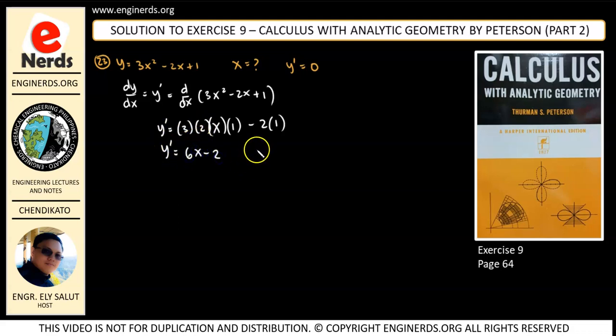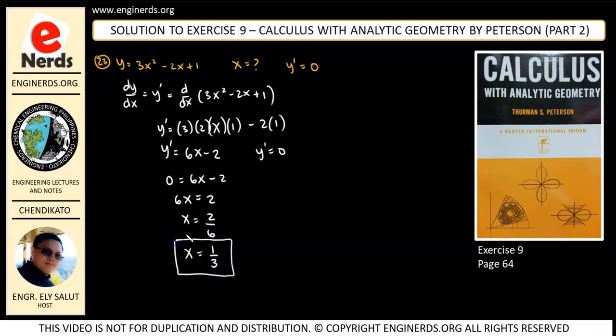Now, our y prime is equal to 0. So, 0 is equal to 6x minus 2. So, 6x is equal to 2. So, our x is equal to 2 over 6. Therefore, our x is equal to 1/3. So, this is our final answer.